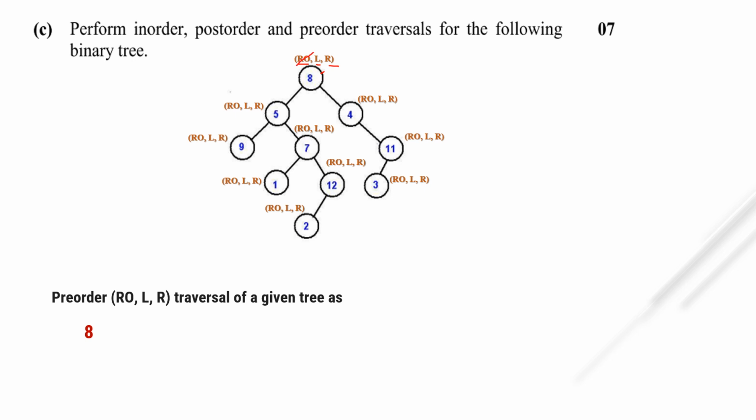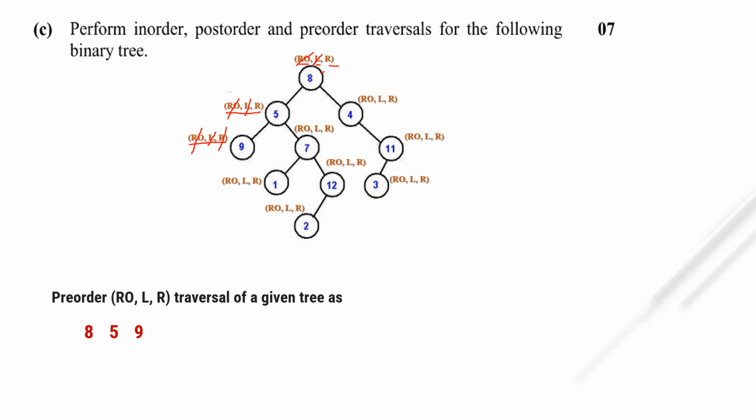Root is already processed, left subtree is being processed. So we reach this 5. We have to process the root, so the answer is 5. Now go to the left subtree. Once again, root, left, right. We process this root. The answer is 9. There is no left child and no right child.